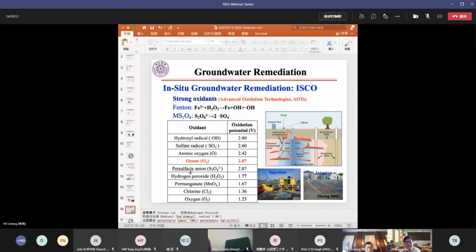And some reports use ozone to oxidize chemicals. But as we know, ozone is a kind of contaminant. If the ozone cannot be captured in groundwater and escapes out of the groundwater, it can be a kind of pollution. So it's not easy to control the ozone.